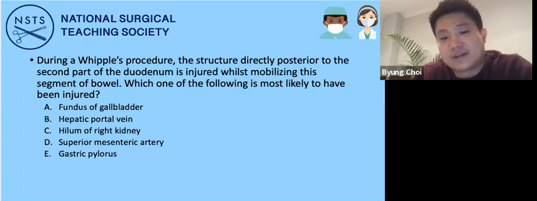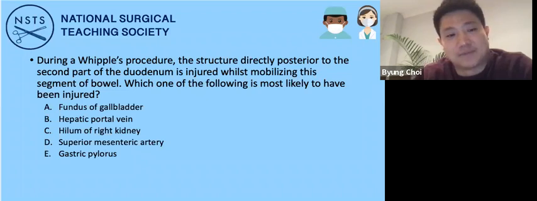And again, the portal vein, we know that confluence starts behind the neck of the pancreas, more medial to the second part of the duodenum. And so the only real structure that could be directly posterior to this, at the level of L1, would be the hilum of the right kidney.